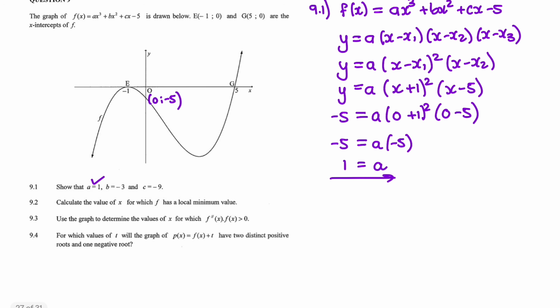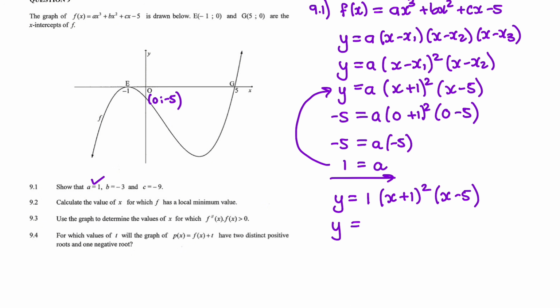Now let us find the values of b and c. I'm going to use this a in my equation for y. So y is equal to a, which is 1, times (x + 1)² times (x - 5). If I expand, I have y equal to (x² + 2x + 1) times (x - 5).